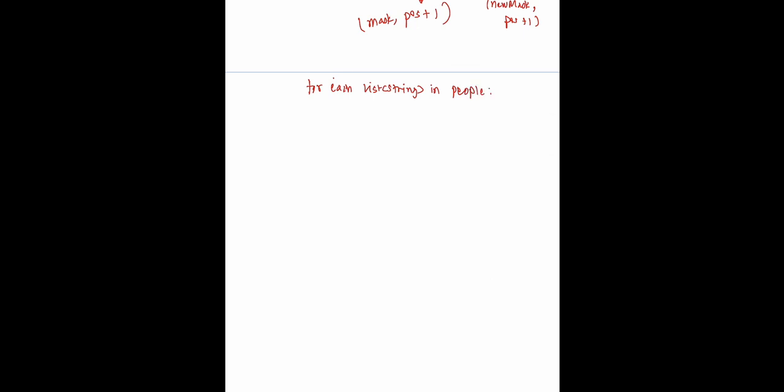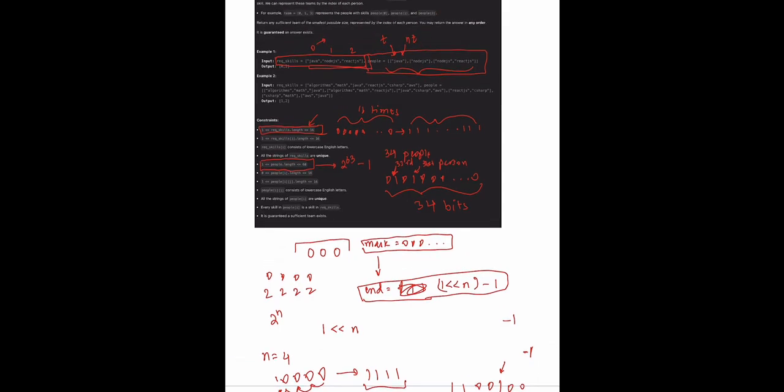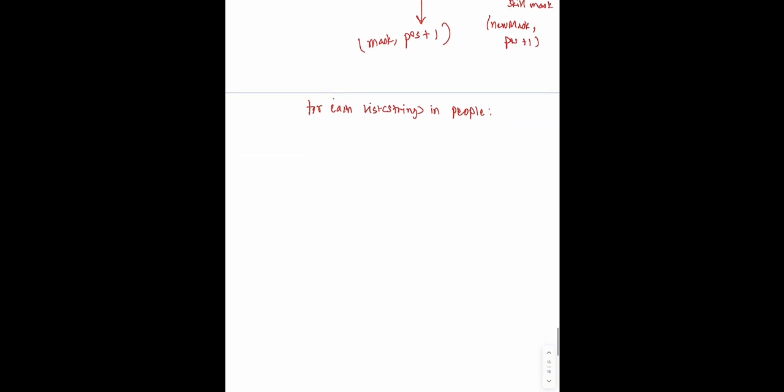We'll again create a mask. So let's say in this example, the third person, people two in the zero-indexed array, has a skill of Node and React.js.